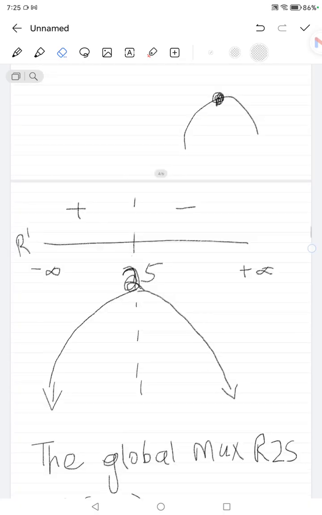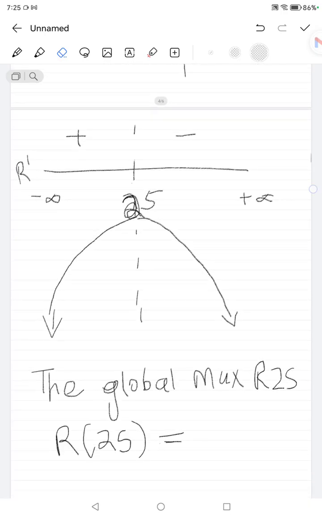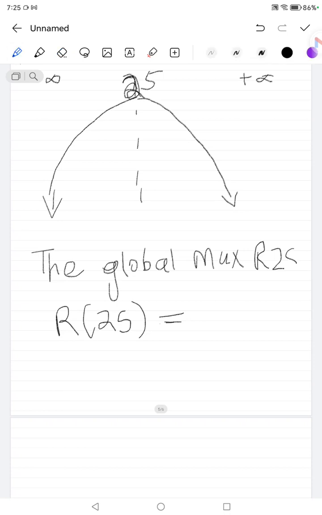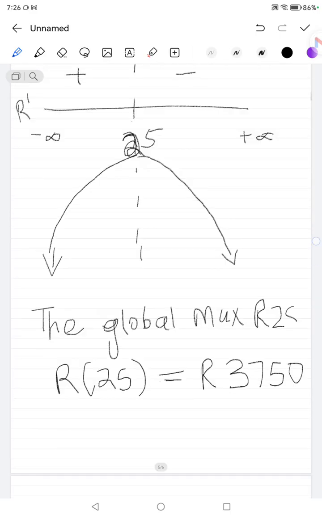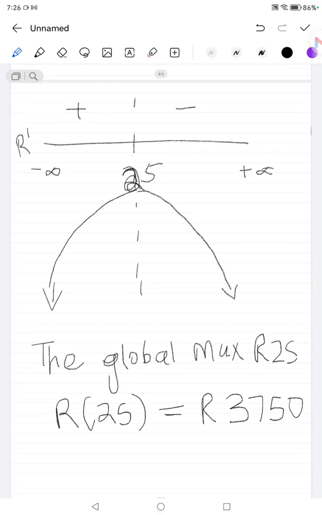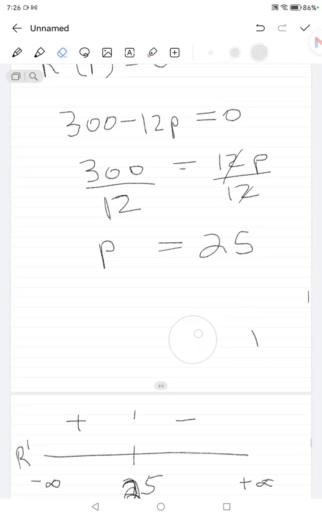Wait, it's 3,750. Yeah, it's 3,750. I think now we're doing the right things, because I was seeing that something is off. Let's quickly go back and check again.